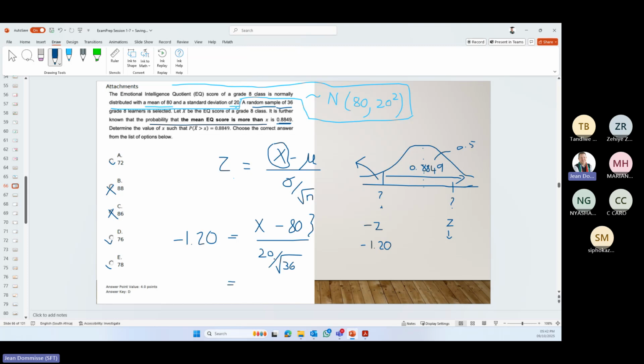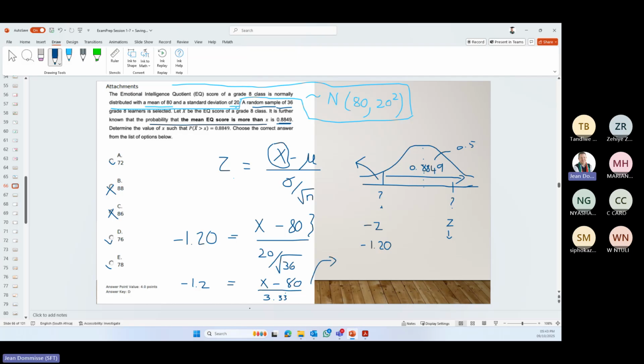So let's first work out what's underneath the division. 20 divided by 6, to just make it a bit simpler. So x minus 80 divided by, I get it as 3.33 continuous, is equal to minus 1.20.